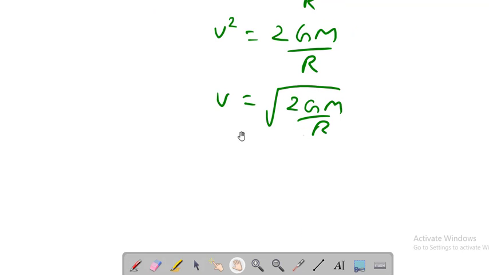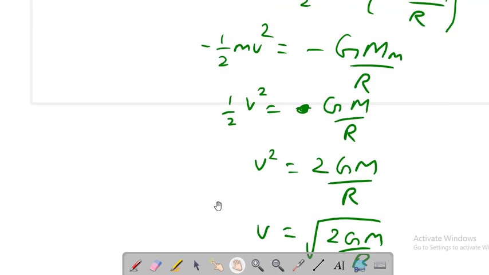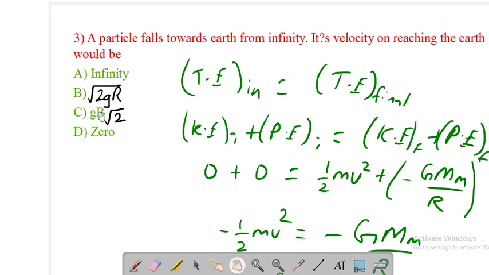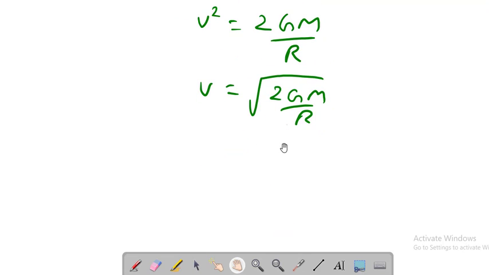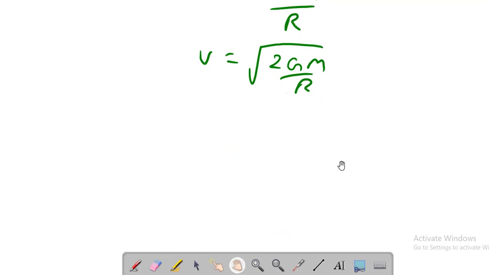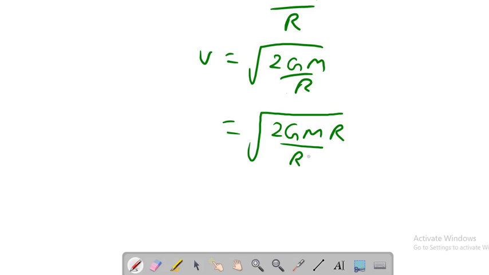So this is what we have, v equal to under root 2GM upon r, but the answer is in terms of small g, there is no capital G here, so we need to convert this equation. In this case we multiply and divide by r inside. Because r becomes r square, we are just multiplying and dividing by r.